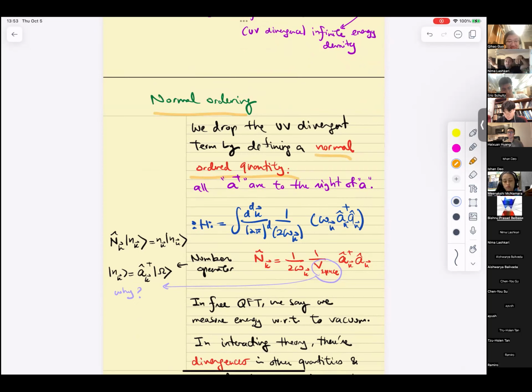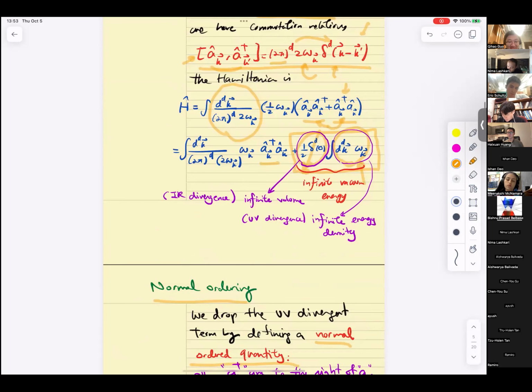All the creation operators should be to the right of the annihilation operators, like this term, and discard the remainders. It's just an ad hoc procedure, another way of saying how to drop this infinite term.